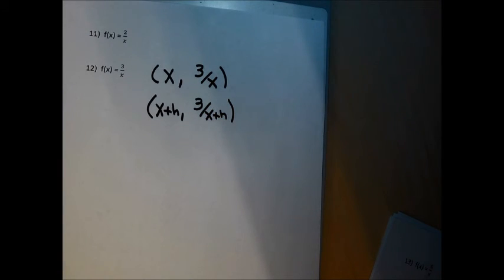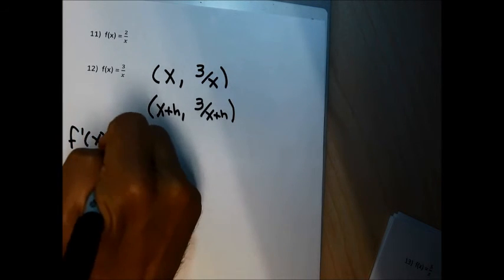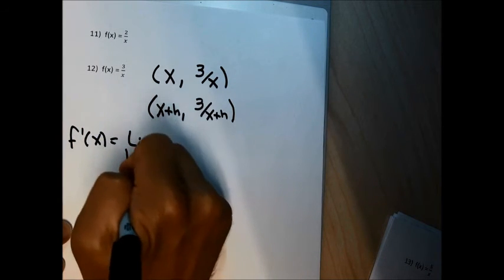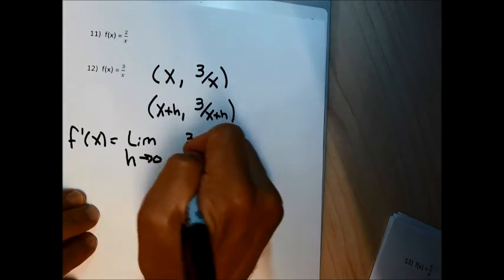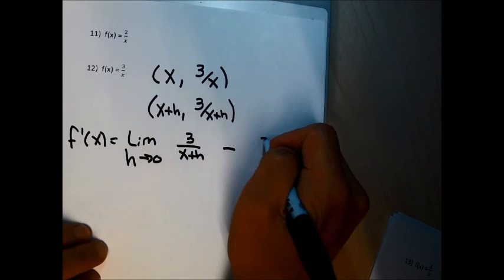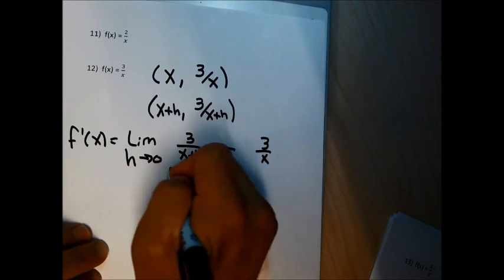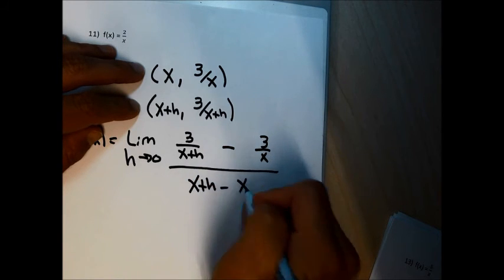Brief calculus gets grungy, and this is going to be grungy. So the derivative, f prime of x, equals the limit as h goes to 0 of y2, 3 over x plus h, minus y1, 3 over x, over x2, x plus h, minus x1.